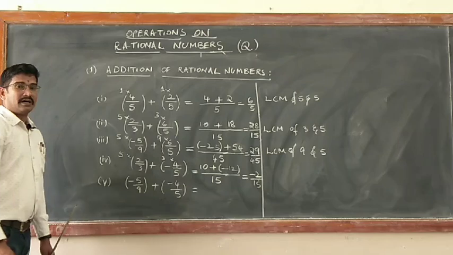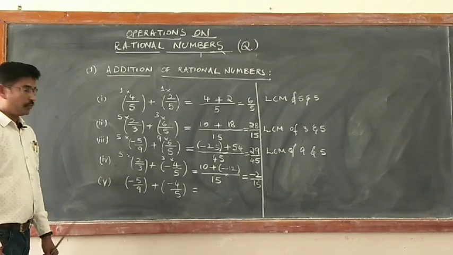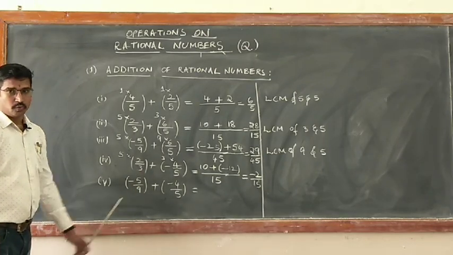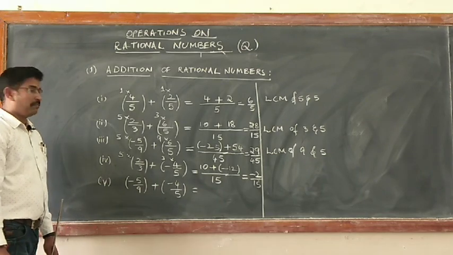Next, at last in this example I am going to show you how to add any two negative rational numbers.